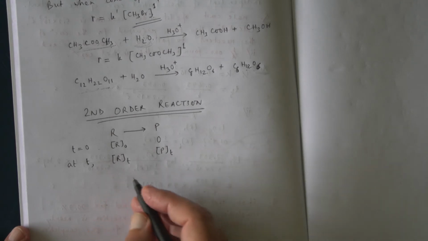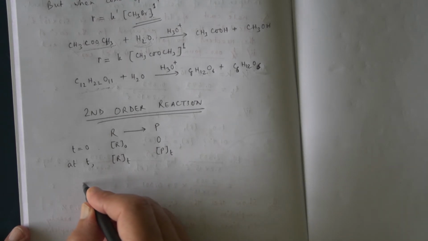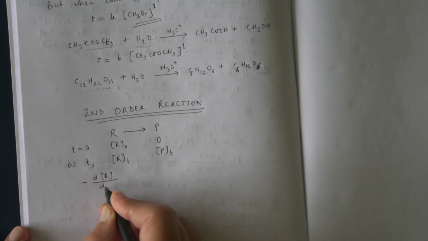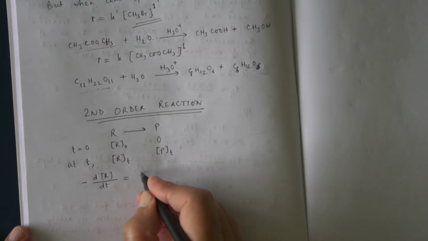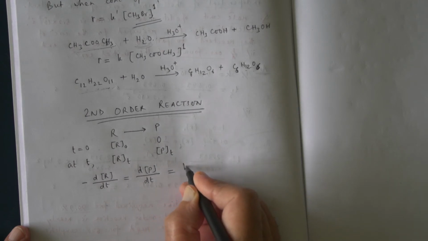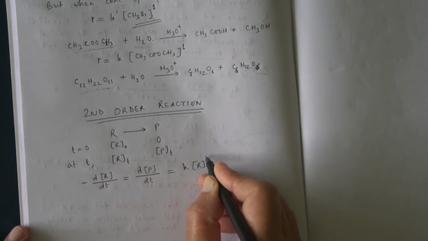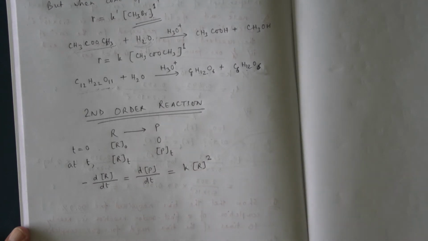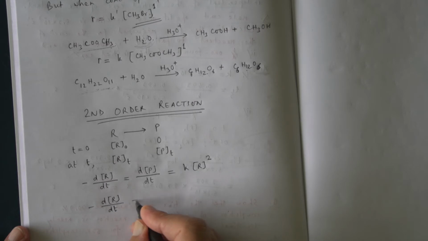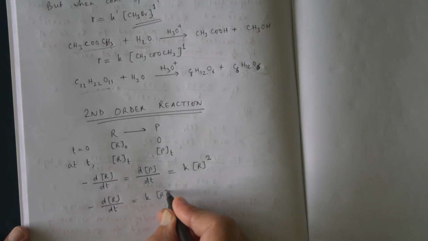So now if we write differential rate equation, it will be equal to dR by dt equal to dP by dt, and it is second order reaction, so we will write like this. Power is 2. Now if we take just this, minus dR by dt is equal to k R square.